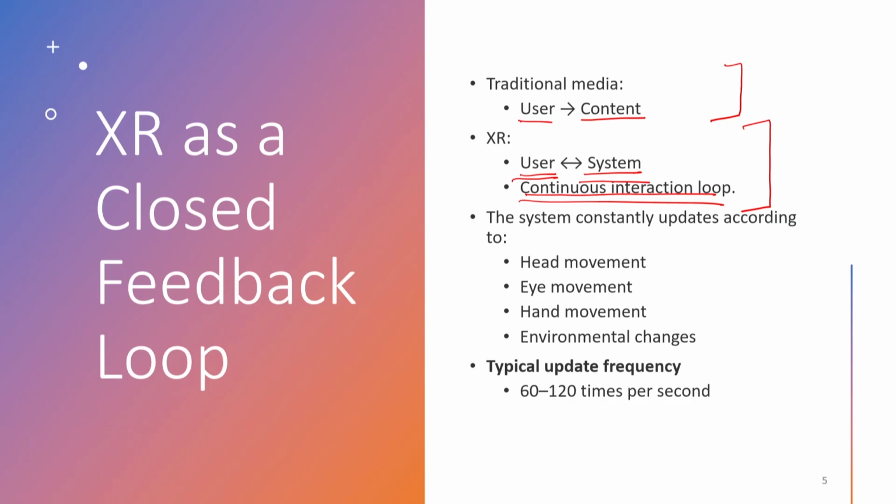So, the system constantly updates according to your head movement, your eye movement, your hand movement and changes in your environment. The typical update frequency in XR is of the order of 60 to 100 times per second, or we can say 60 to 120 hertz.